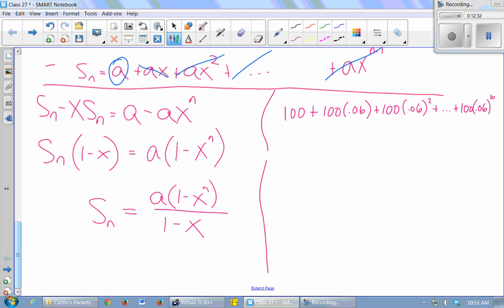Okay. So a, my first term, is 100, and my multiplier is 0.06. And I want to know S sub 7, because I'm adding 7 terms up. So this is going to be 100 times 1 minus 0.06 to the 7th, divided by 1 minus 0.06.